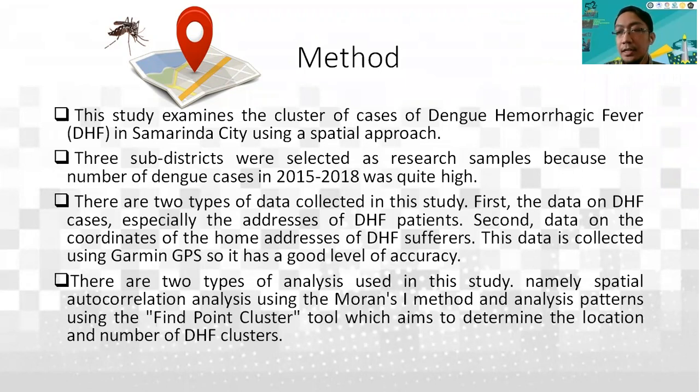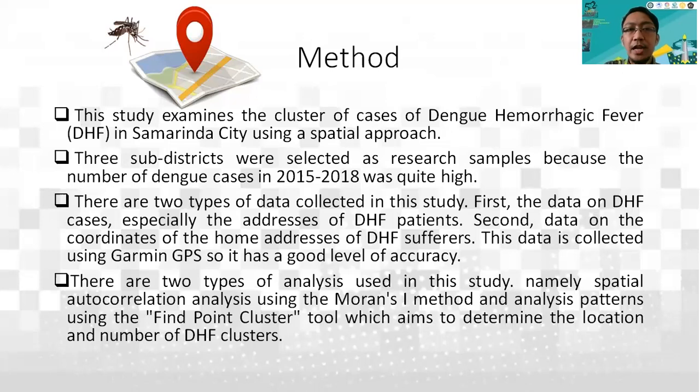Method. This study examines the cluster of cases of dengue hemorrhagic fever in Samarinda City using a spatial approach. The population of this study was all DHF cases in 2015 to 2018. Three sub-districts were selected as research samples because the number of dengue cases in 2015 and 2018 was quite high.